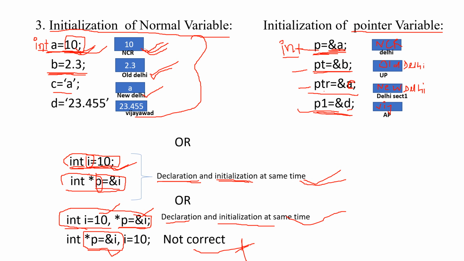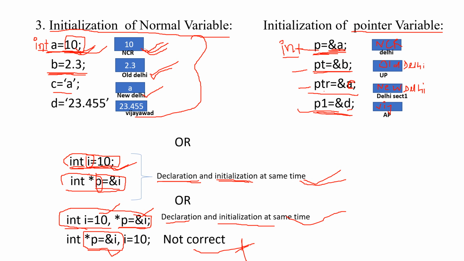Do remember. If I take a real-life example, if I purchase my land in Delhi, is it possible to give my address to a person in another state? That's not possible.